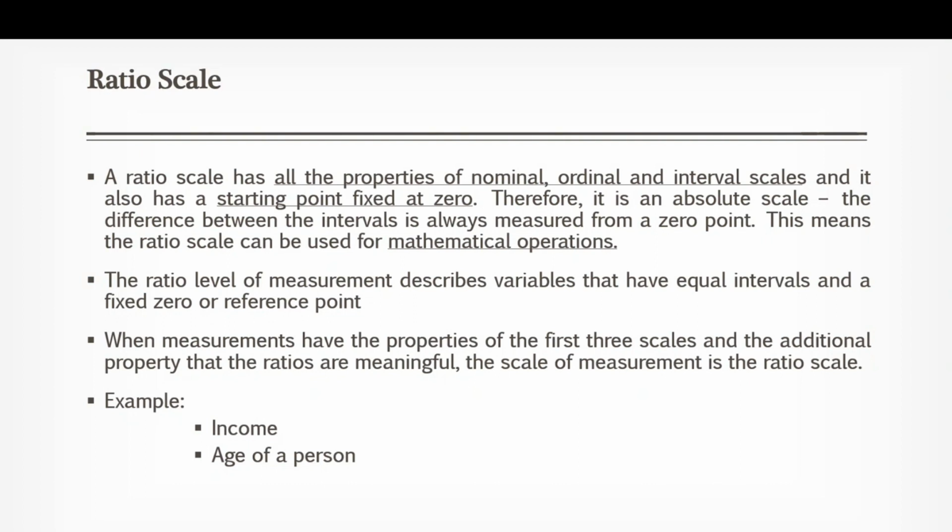Ratios mean that if you say 4 divided by 2, that is meaningful, equal to 2, which is not possible for an interval scale. Right? Suppose I have 1 rupee in my pocket and my friend has 100 rupees in his pocket. The entire scientific community will say my friend is 100 times richer than me. There is no doubt. It is mathematics.